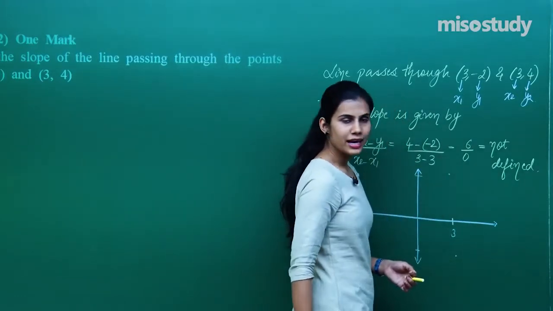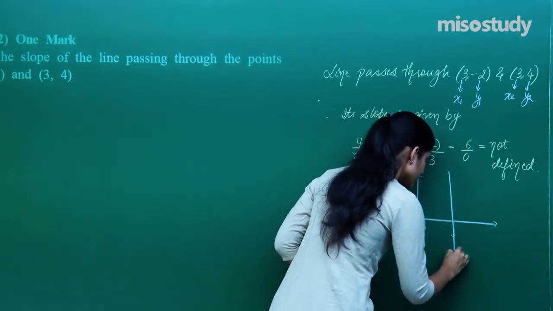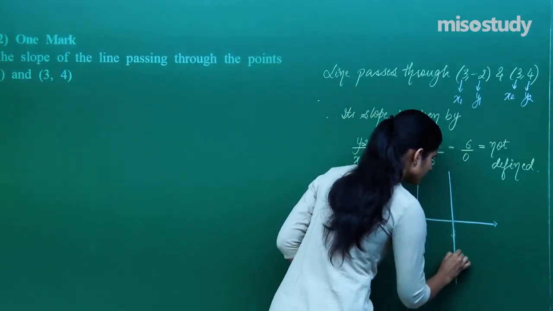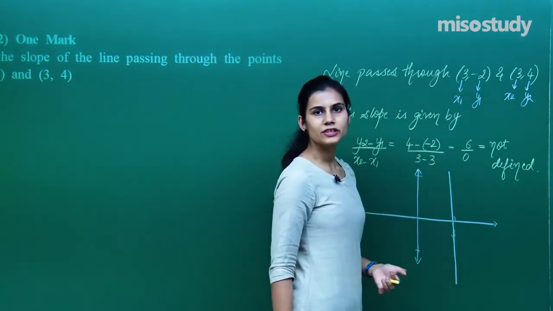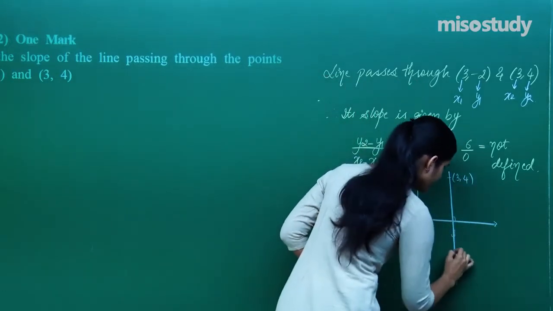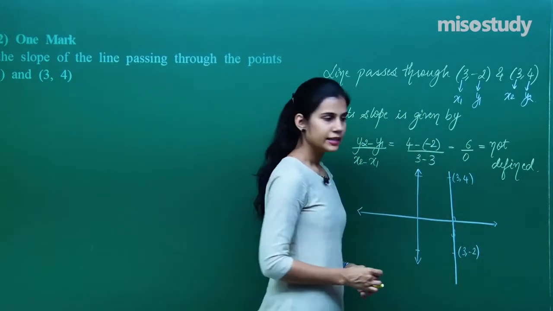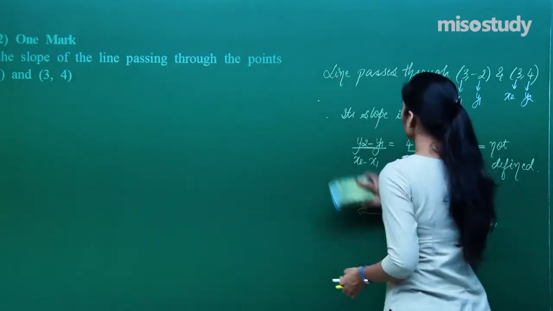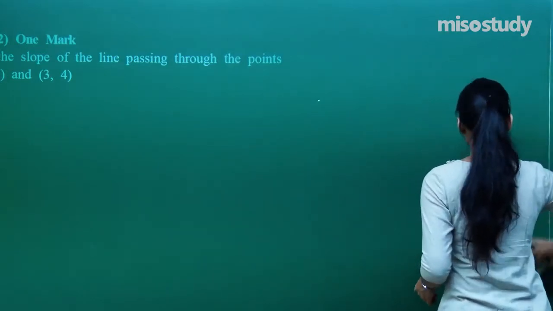So when you talk about the line passing through these 2 points, it actually is a line which is perpendicular to x-axis, and that is why this line was having slope as not defined. Clear? So it was obvious that this line is going to have its slope as an undefined quantity.